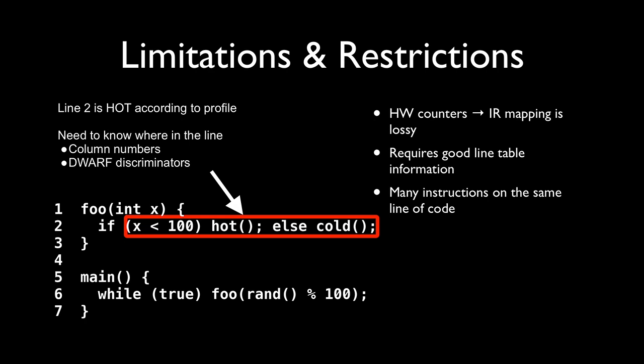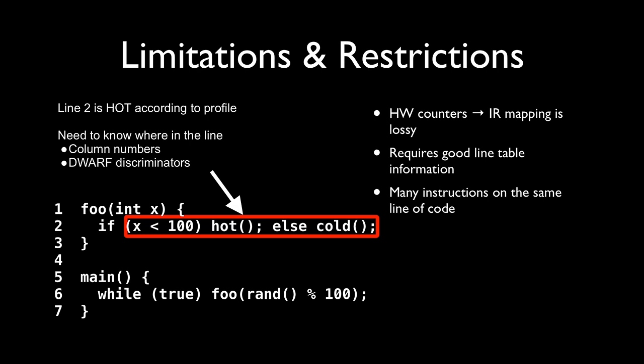It hasn't told me. Column information can be used to distinguish: when I read from the binary, the column information I pick from the DWARF, I can say, okay, column 10 here is hot. Sometimes column information is actually not sufficient, particularly when the compiler decided to open code something.